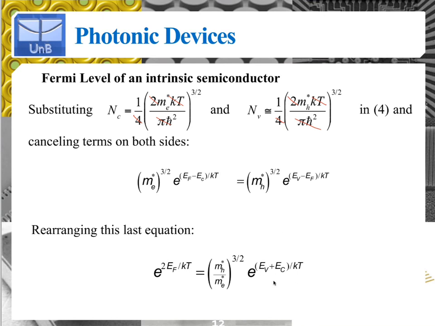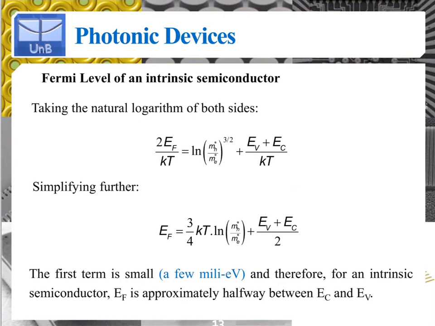Here we have e to the power of Ef over kT in the denominator. It can pass over to the other side as well, and we'll be left with e to the power of 2Ef over kT because this one was already there. The effective mass of electrons raised to the power of 3/2 can also pass to the other side in the denominator, and this is what we get as a result.